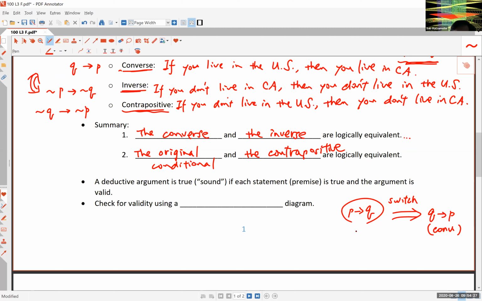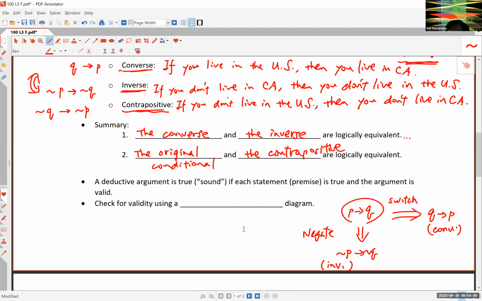Okay. If you negate each, then you get P implies the negation of Q, okay? And this is called what? The inverse, okay? Now, again, you have to remember or know these words.